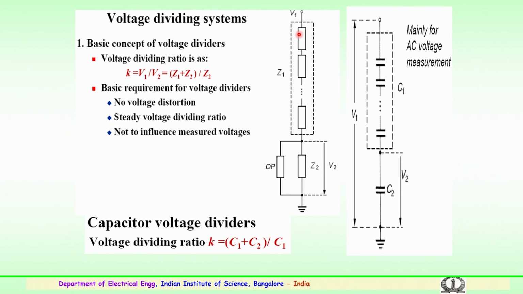Similar in construction, you have a number of units known as the high voltage arm, C1, and C2 will be of higher capacitance value. So, the dividing ratio for the capacitor will be C1 plus C2 divided by C2, because a number of capacitors in series in C1 will bring down the value of the entire capacitance, whereas the second voltage arm will be of a higher rating.